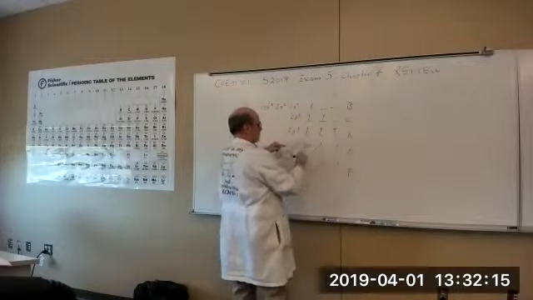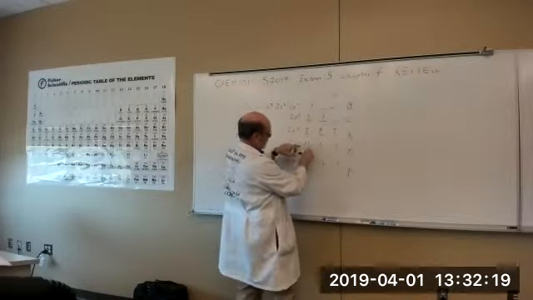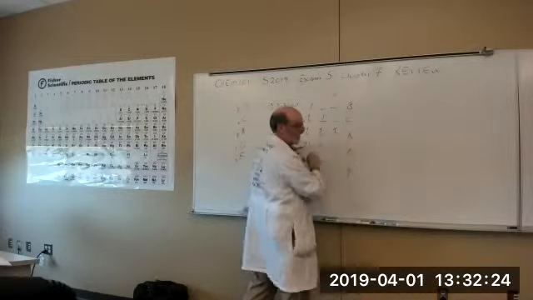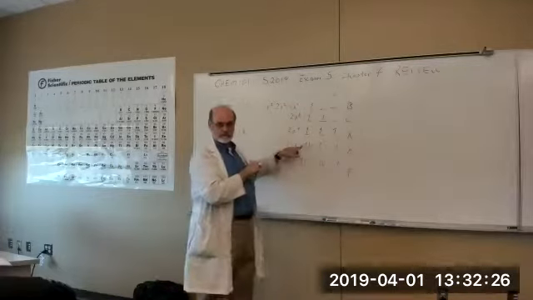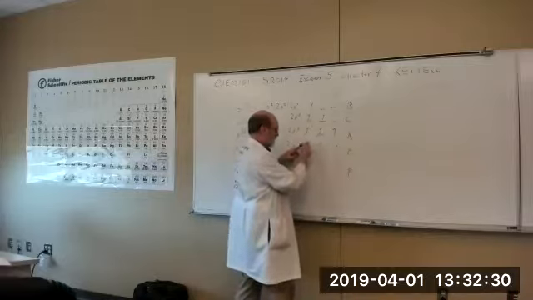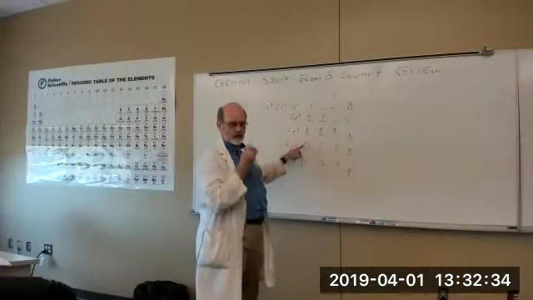But this one is easier to remove than that one. The conventional wisdom is that one is paired with another electron in that orbital, and there's a repulsive effect.